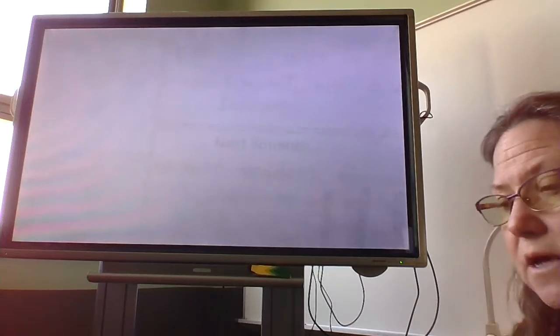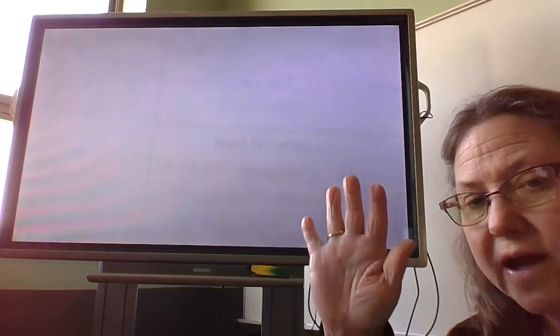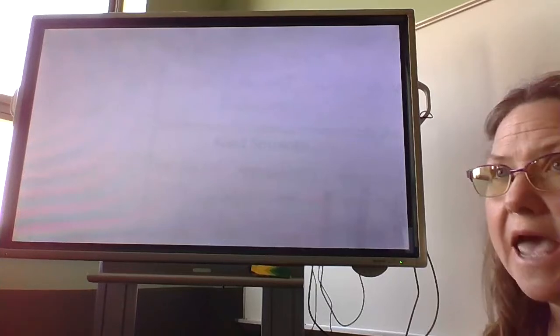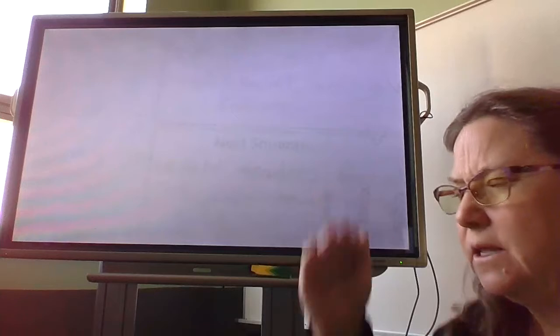In this assignment, you can see on your paper that there are five words: first, next, after, then, last. They've added the word after in there.